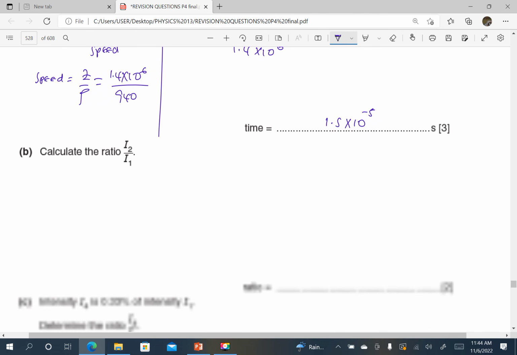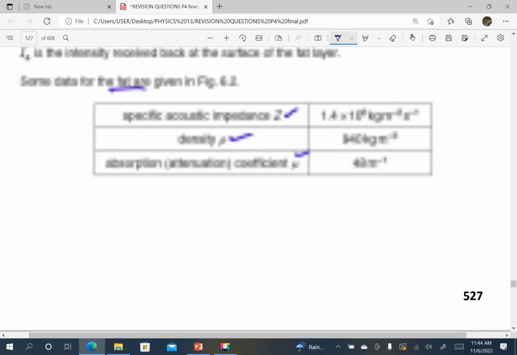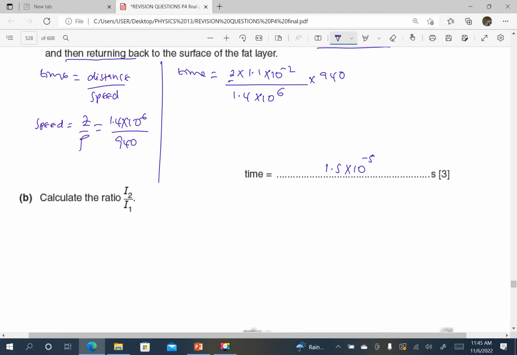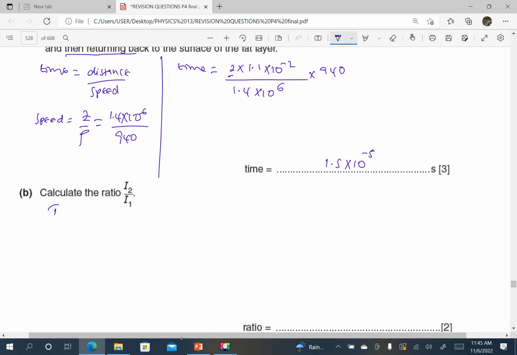Then the ratio, calculate the ratio I2 over I1. I2 is what has been transmitted towards the boundary, and I1 is what was incident onto the fat. So I2 is equal to I1 e power negative mu x.